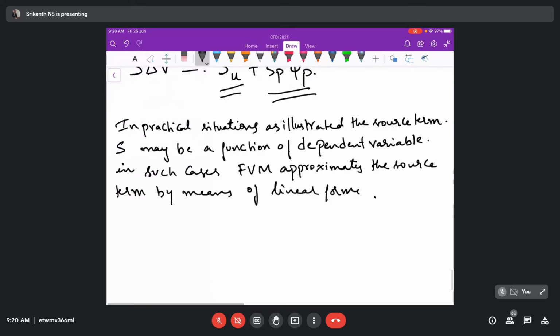So you can write that S bar into delta V is nothing but equal to SU plus SP into phi P.